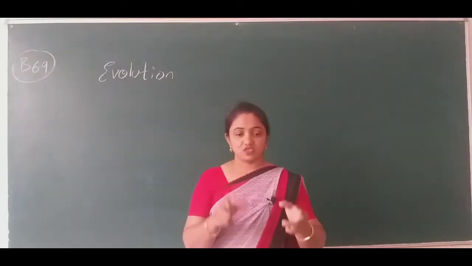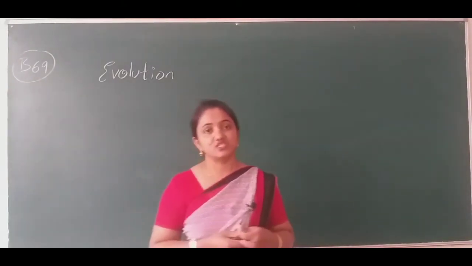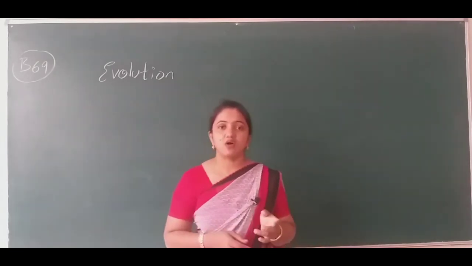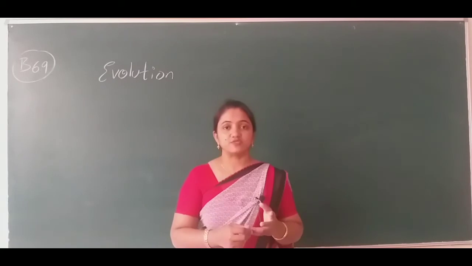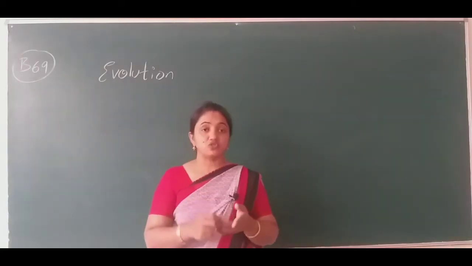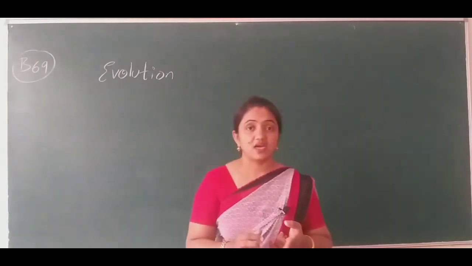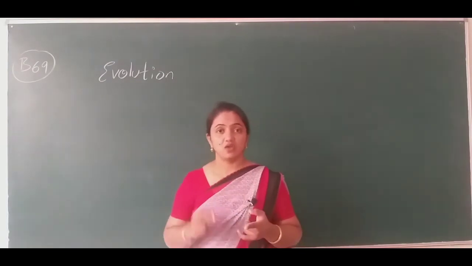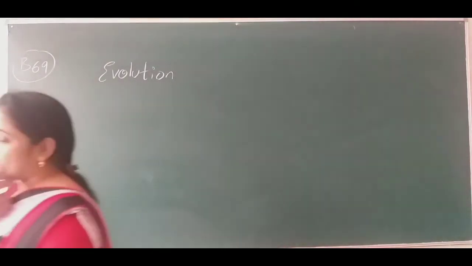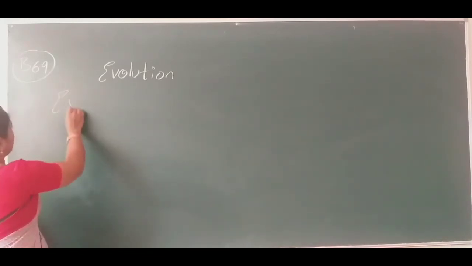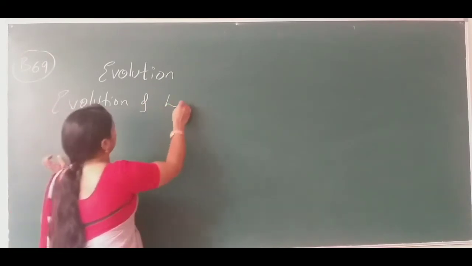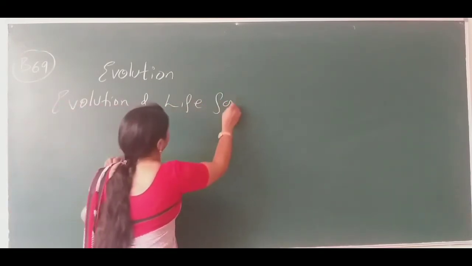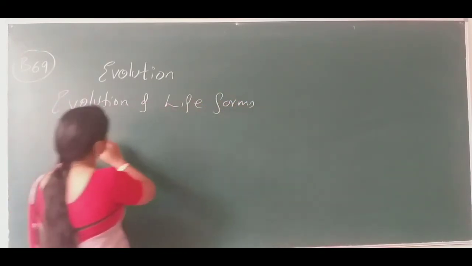Okay, so what do you have to learn in this session? You have to learn about Charles Darwin. You have to learn about the special creation and three connotations and Alfred Russell. Okay, let me start writing all those things. So we are in the evolution of life forms, a theory.